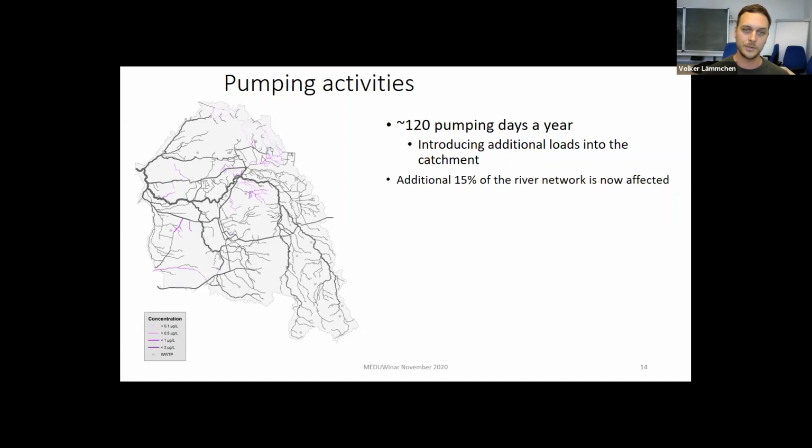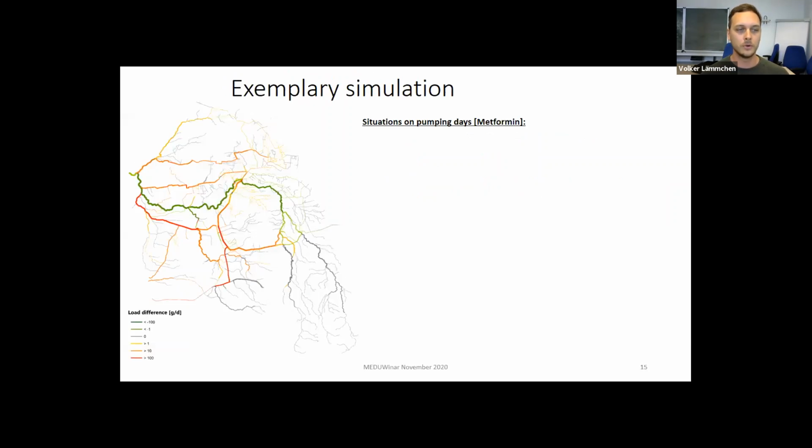So 15% of the river network is now additionally affected with emissions, which means that 412 kilometers of river length are additionally affected.